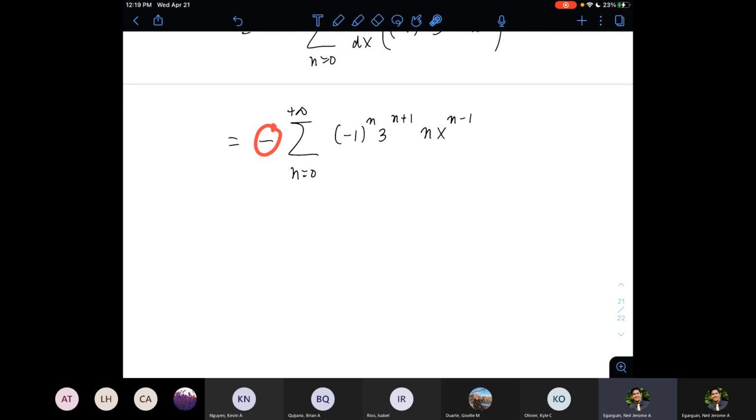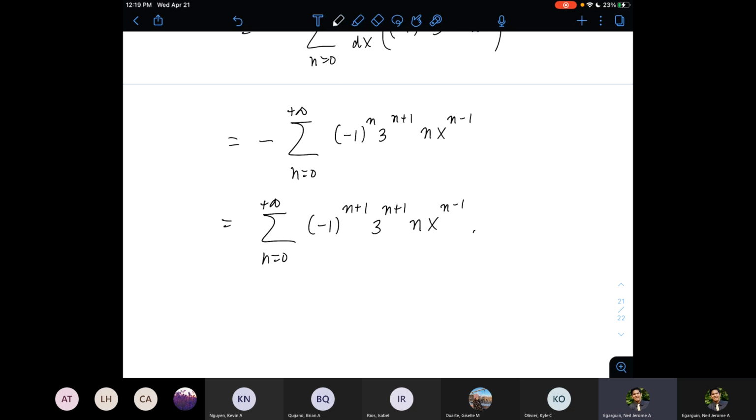And then the last step is to put this negative sign inside the summation. So we'll have the sum from 0 to positive infinity of -1 to the power n plus 1. Again, I had n plus 1 now because there's an extra -1 that comes inside the summation. 3 to the power n plus 1 and x to the n minus 1.